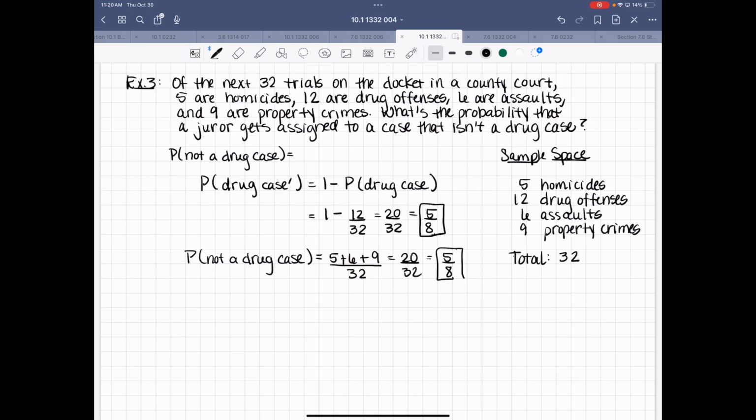Now, later on, we will discuss events that are not independent, because I'm going to bet more than likely some of those drug offense cases are also assault cases or property crime cases, because usually some of those go hand in hand together, okay?